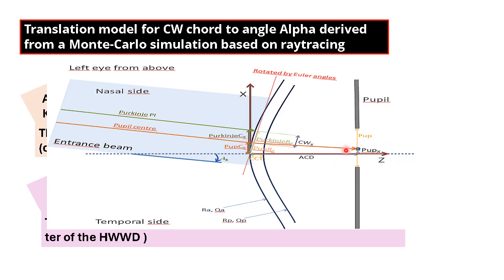And he took the exact center of the pupil at the iris level. And also he took the reflection of this center of the iris on the surface of the cornea.